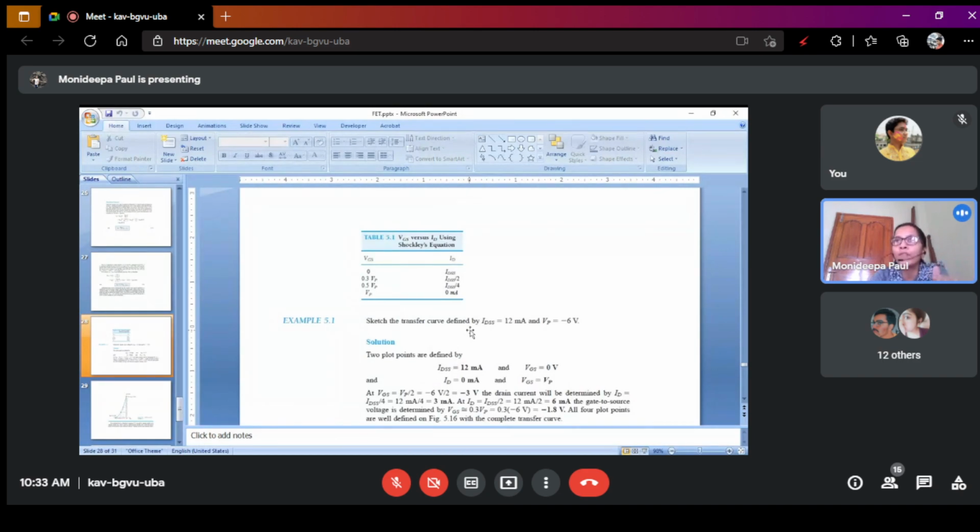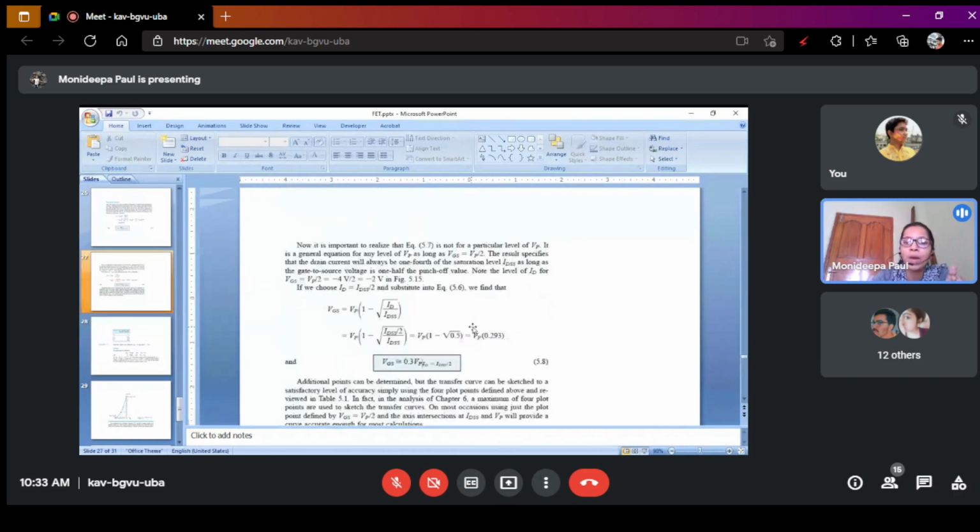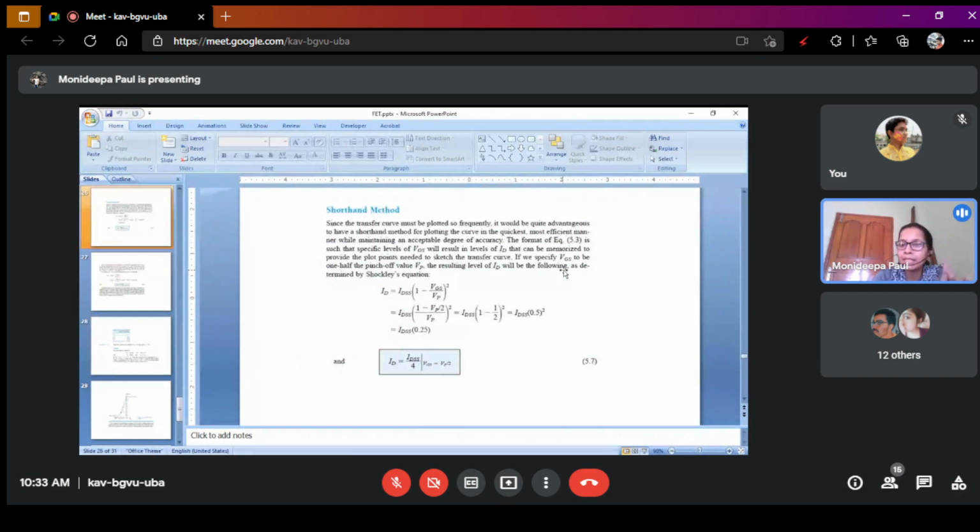But when we draw the transfer characteristics applying the shorthand method, we make these two assumptions. For plotting a transfer characteristic, some points are required to draw the line.